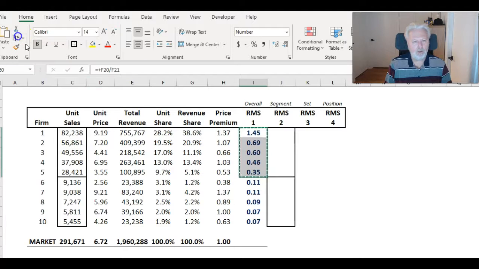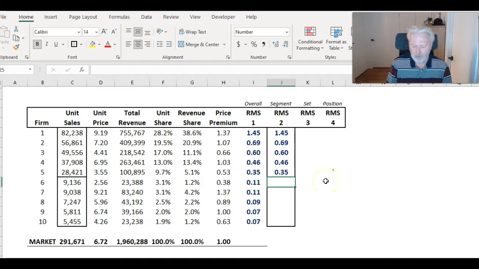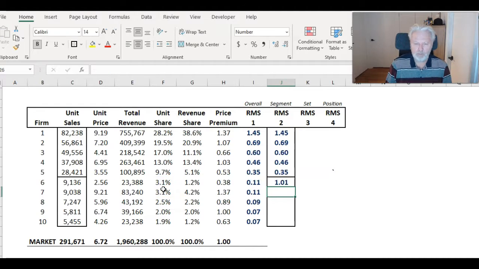So I've already calculated those, so I would bring them across. Obviously we would recalculate them if you wanted to, but we've already done it once, so there's no need to. And then we just repeat for the smaller group. So firm 6 now is actually the market leader of the smaller players, so they compare themselves to the second player.